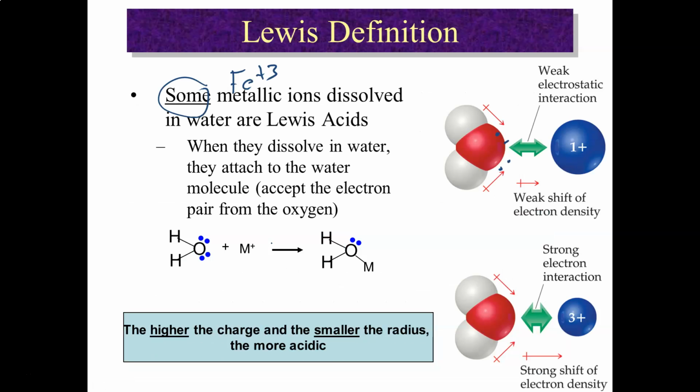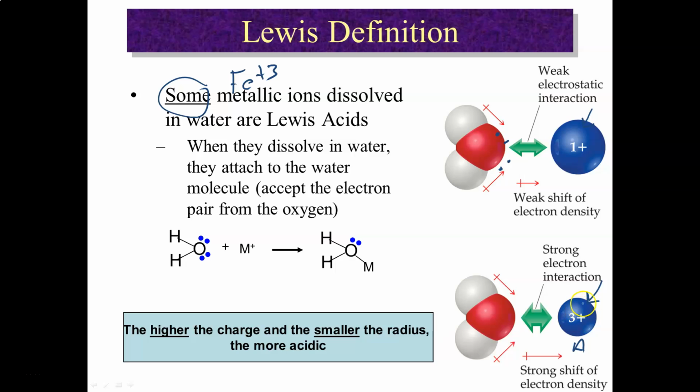Here is our positive ion. It's going to accept the electron pair from the oxygen, so that would make it an acid. That's our electron pair acceptor. And down here it says the higher the charge and the smaller the radius, the more acidic.